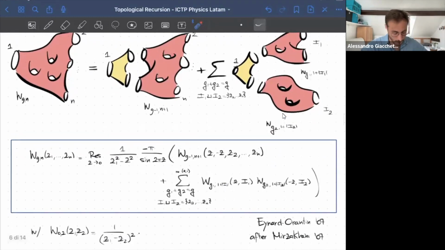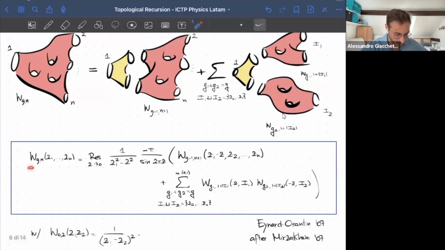Imagine you want to compute W_{g,n}, which again is the Laplace transform of the volume of the moduli space of hyperbolic metrics on a surface of genus g with n boundaries. You can do so by introducing a dummy variable, and you will then in the end take a residue when this dummy variable z goes to 0.